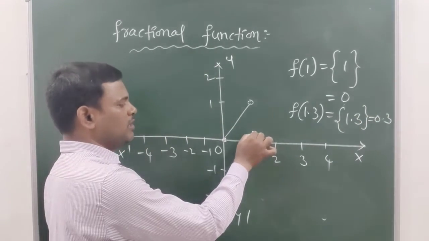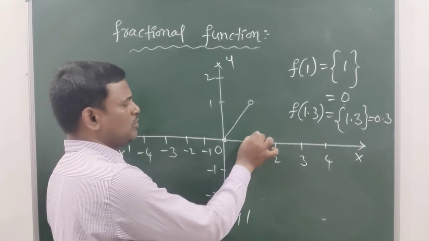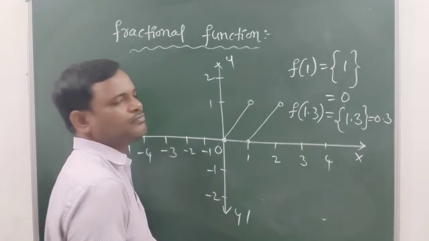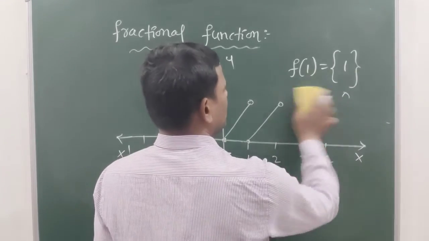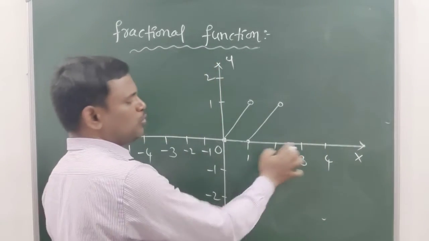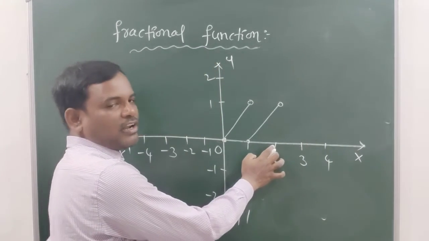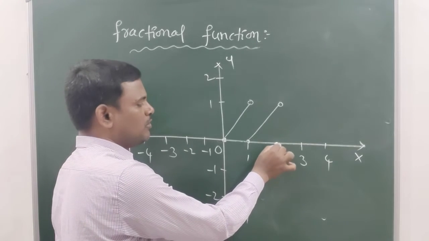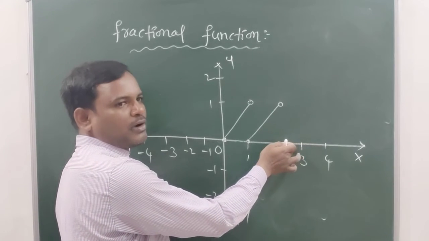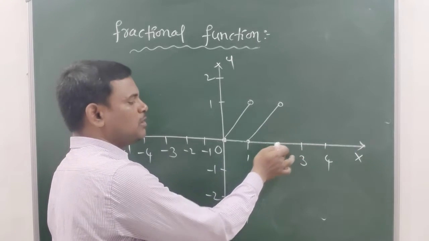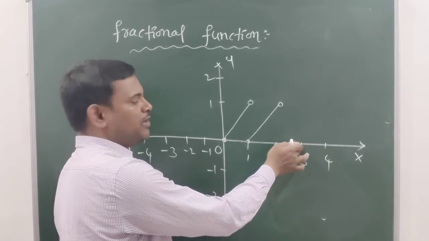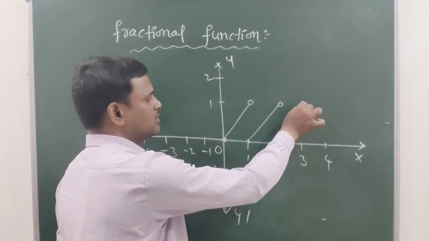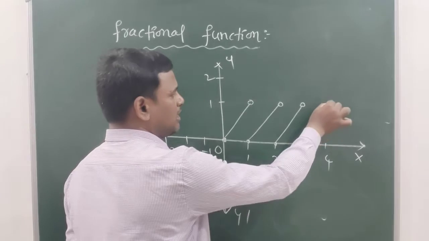Now here you will get, and so on. So you get the graph like this. Similarly, again from 2 to 3. Fractional part of 2 is 0. Fractional part of 2.5 is 0.5. Fractional part of 2.9 is 0.9. So you get the graph like this.